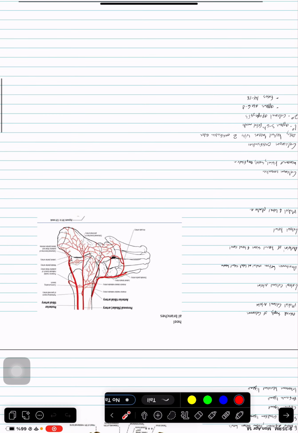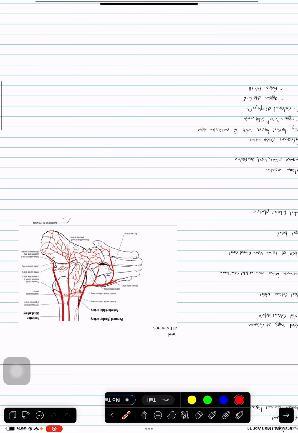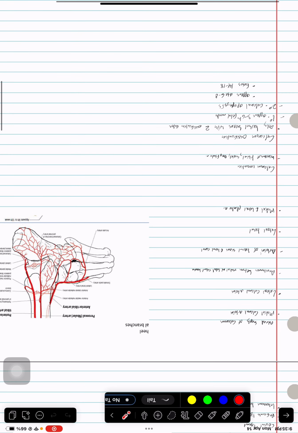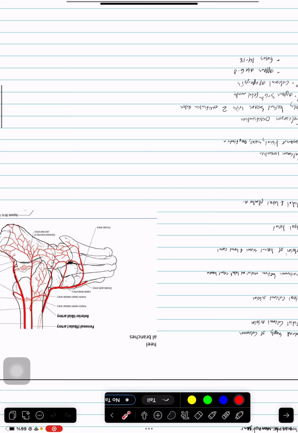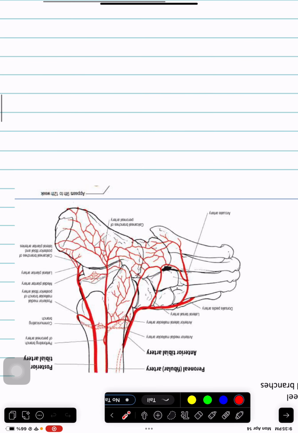And you have your lateral calcaneal arteries. So that would just be over on this side also. You have an anastomosis between the medial and lateral calcaneal branches. So honestly, that's probably referring to these branches here.